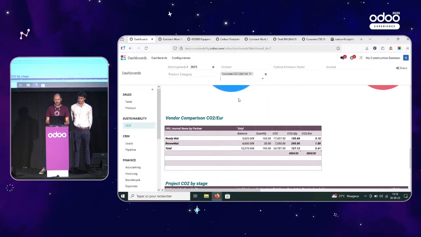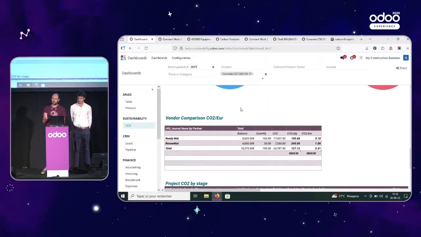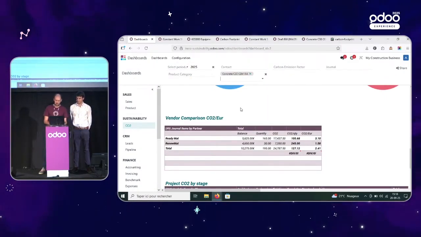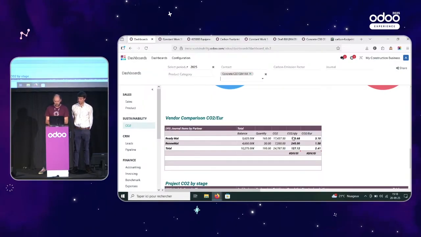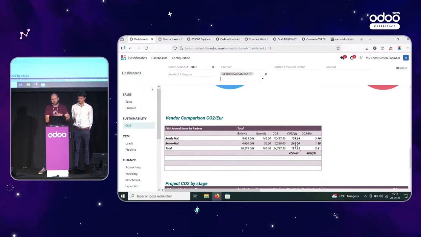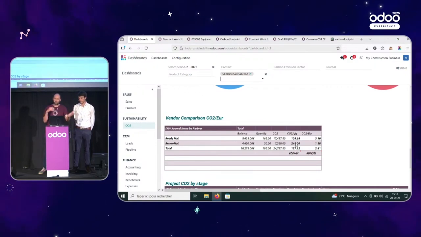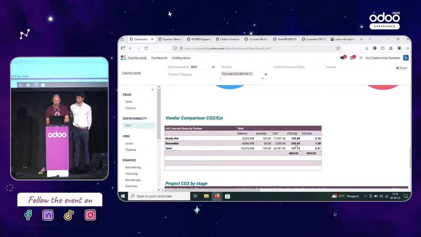Here I have a CO2 comparison of all my past purchases with my vendors, looking, for instance, at the CO2 quantity per quantity. I can easily take the decision to switch from one vendor to the other, or compare products and see where a change is more beneficial.